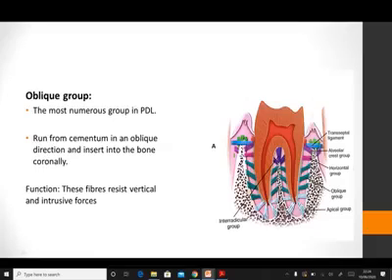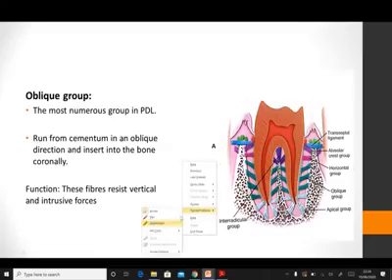The oblique, as the name says, runs in an oblique direction from cementum onto the alveolar bone. They are attached to cementum on one side and run upwards in an oblique direction, or coronally you would say, towards the crown, to insert onto the bone. And these basically resist vertical and intrusive forces.